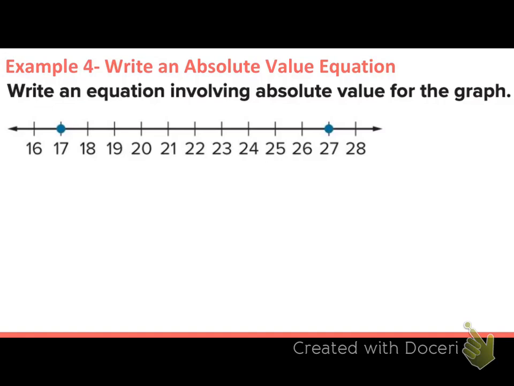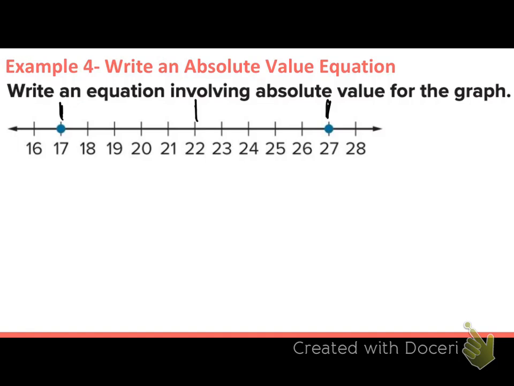Does anyone know what midpoint means? Yeah, the middle. The number that's the most middle between these two points, 17 and 27. So I want to find the midpoint between 17 and 27. What is it? 22? Well, let's check.